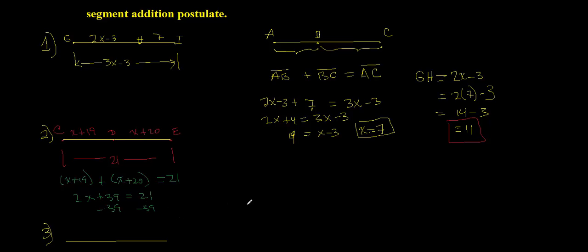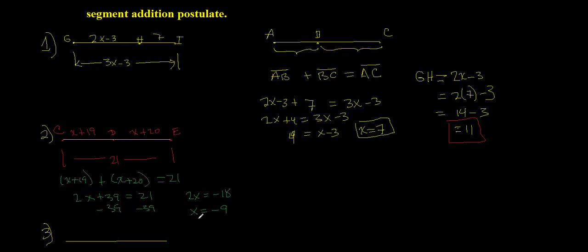That gives us negative 18, so we're going to have 2x is equal to negative 18, and then of course we can see that x is going to be equal to negative 9.